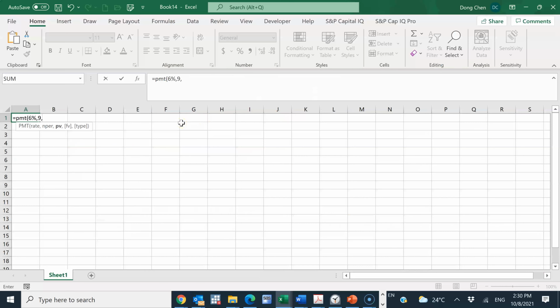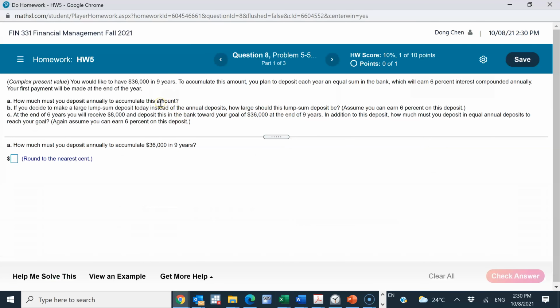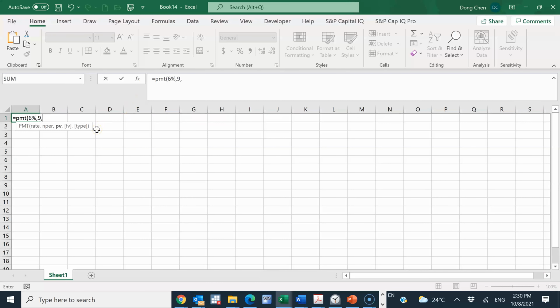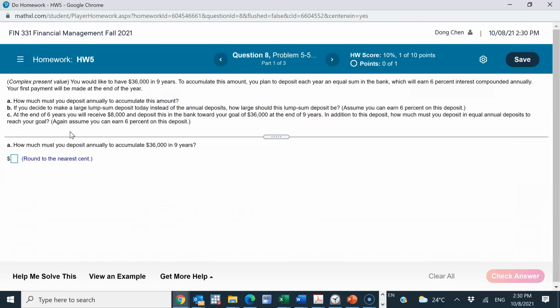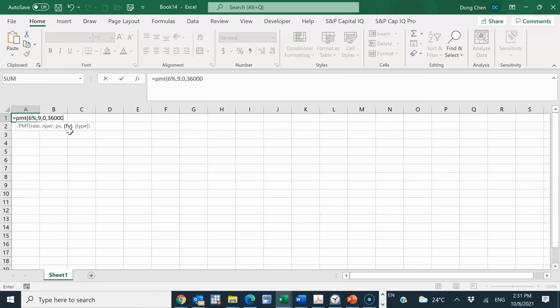And then PV, that's the present value of this annuity. But in this case, you can see that the first sentence reads, you would like to have this in 9 years. So this actually should be the future value, right? The future value of the annuity. That means present value should be 0, and the future value is 36,000.